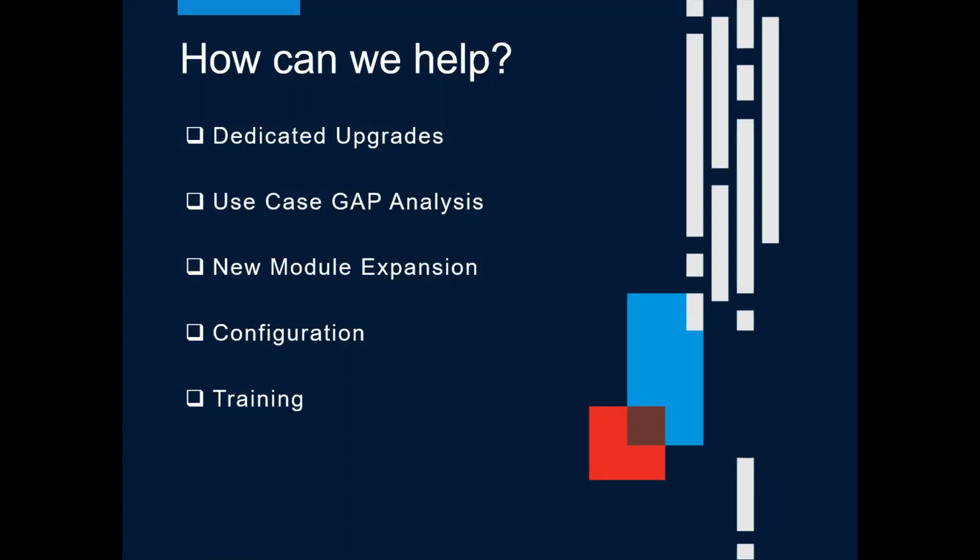Within those upgrades, we can also do enhancement packages to make sure that any configurations or changes that you want us to help you develop, configure or customize within the application are done through that process as well. Secondly is what I call a gap analysis.